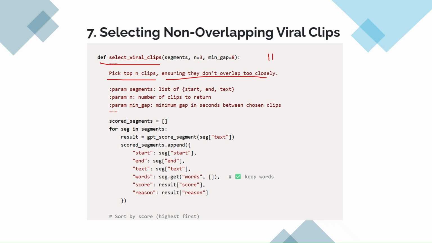It's very likely that our candidate clips are often starting at almost the same timestamp or maybe 3 seconds different from each other. What this function will do, it'll take the top n clips while ensuring they don't overlap too closely. So it takes the segments as input, the number of clips that we want, and a minimum gap in seconds between the clips.